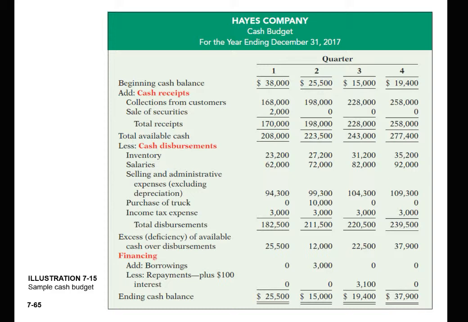Here we have an illustrated cash budget, not real detailed. The details in some of these, such as your selling and administrative expenses, would be in other schedules. You could go back to those to see what those various expenses are, how those salaries break down, but it rolls up into the cash budget.